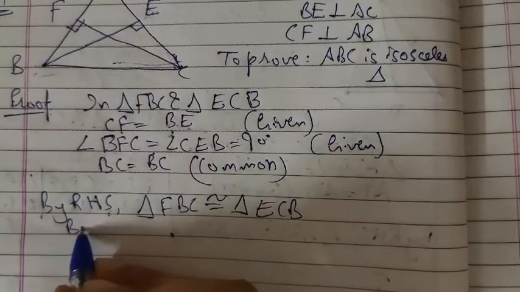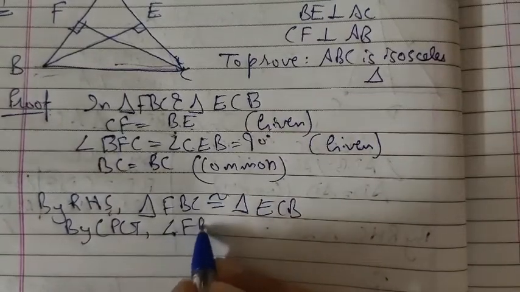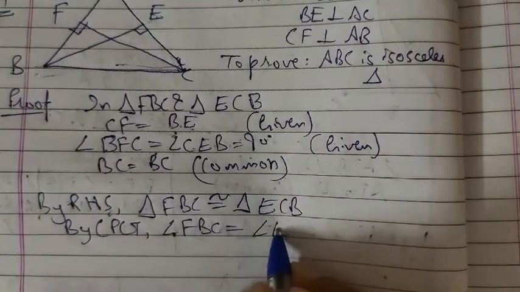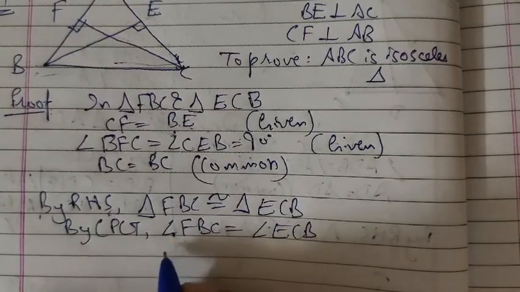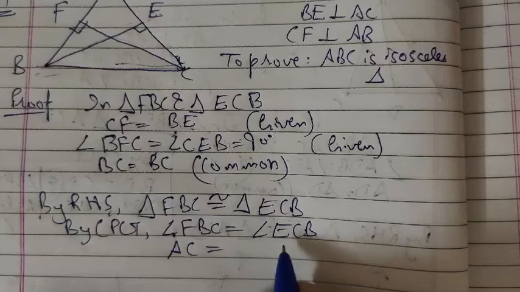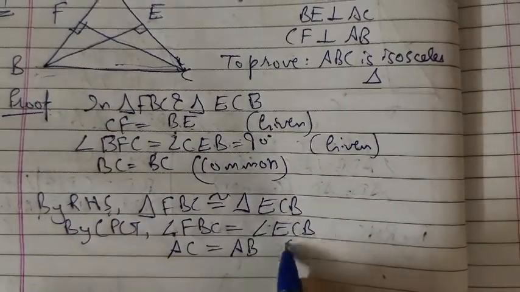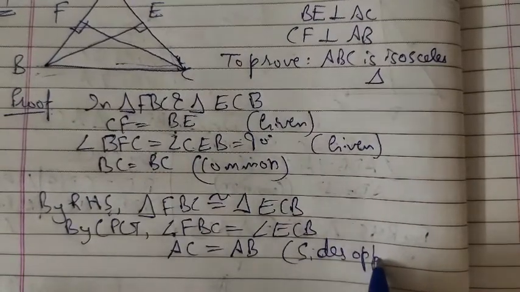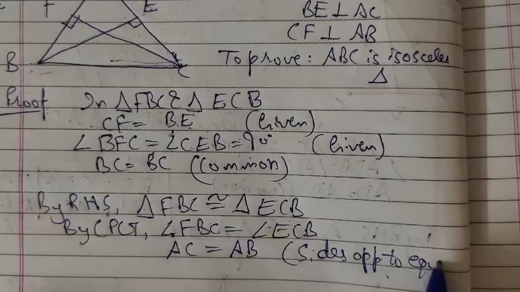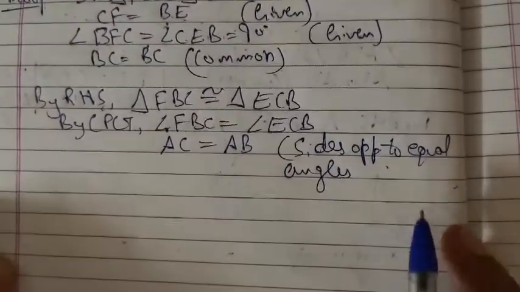So by CPCT, angle FBC is equal to angle ECB, right? So side opposite to FBC is AC and side opposite to ECB is AB. Reason: sides opposite to equal angles of a triangle are equal.